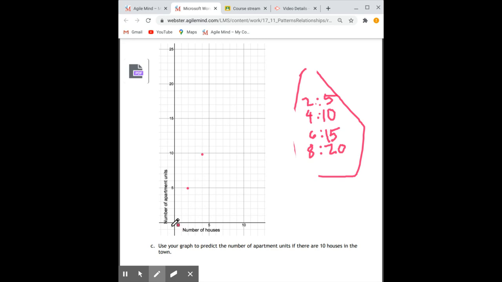We got to start at 0 and do what? The 6 to 15. Do you go over 6 and then you go up 15? Yeah, good. You're following along right.